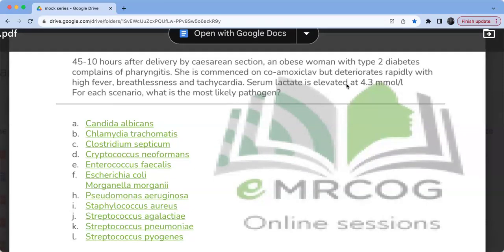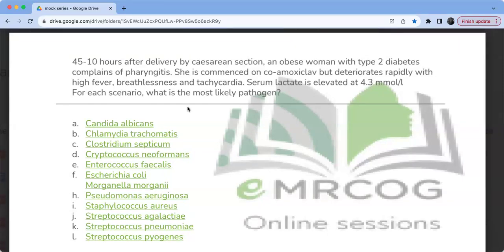Serum lactate level is elevated to 4.3. Oh my God, this is sepsis. So what is this infection? This is Streptococcus pyogenes, right? Early presentation of sepsis, less than 12 hours post-birth, is most likely to be streptococcal infection, particularly the group A strep infection.